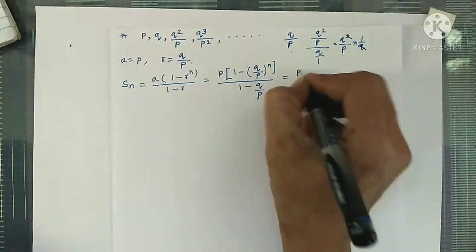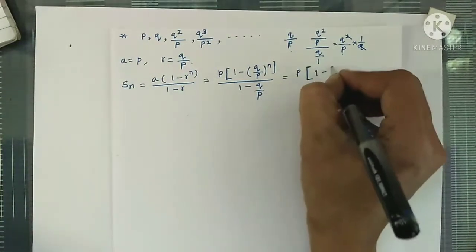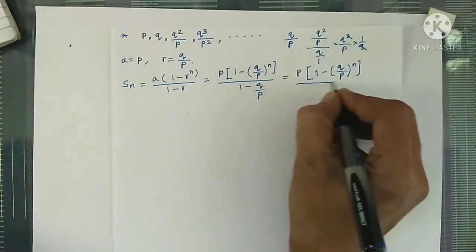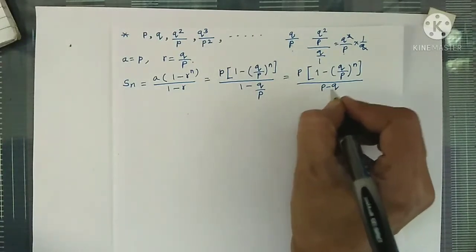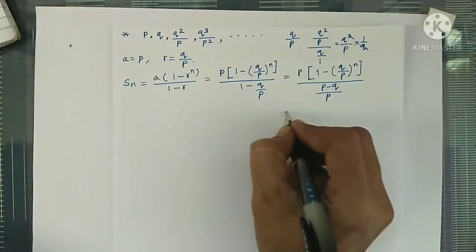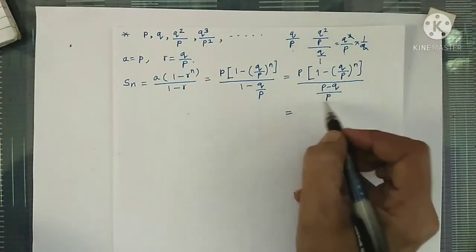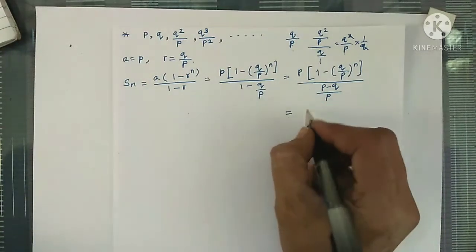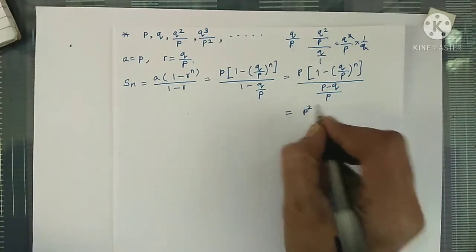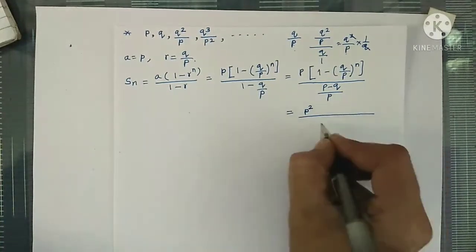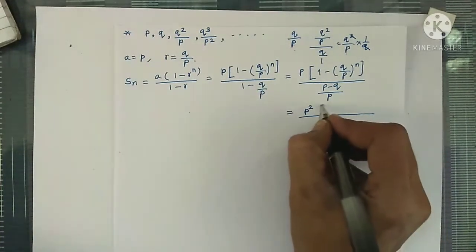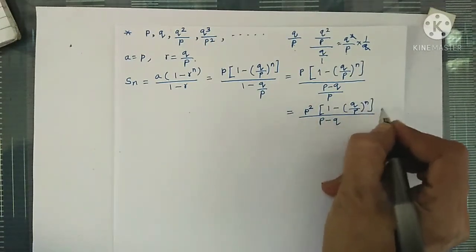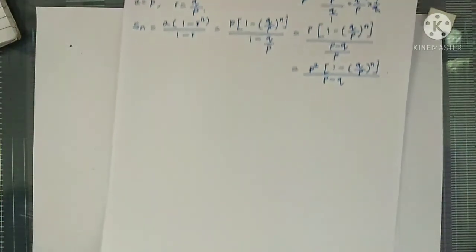So that is p into 1 minus q upon p raised to n divided by p minus q upon p. Now we can multiply by the reciprocal of this term as this is division. So this p goes in the numerator and we already have 1 p there, so that becomes p square divided by p minus q and this bracket as it is, 1 minus q by p raised to n. So this is the simplification.